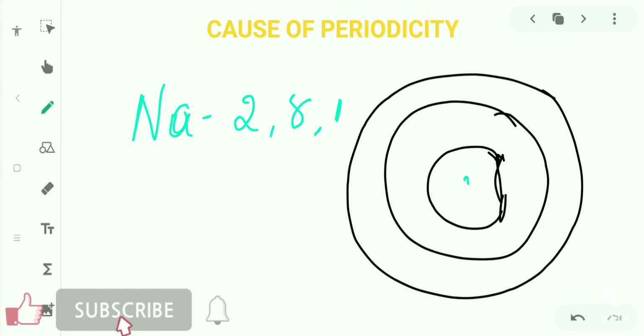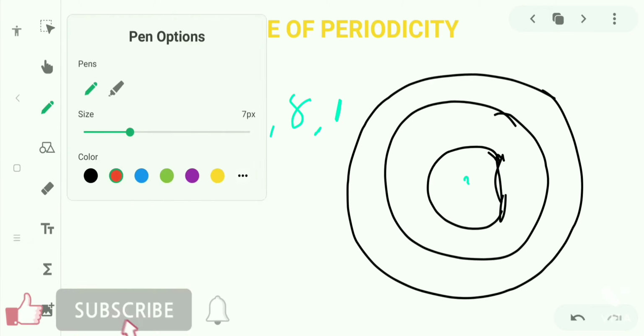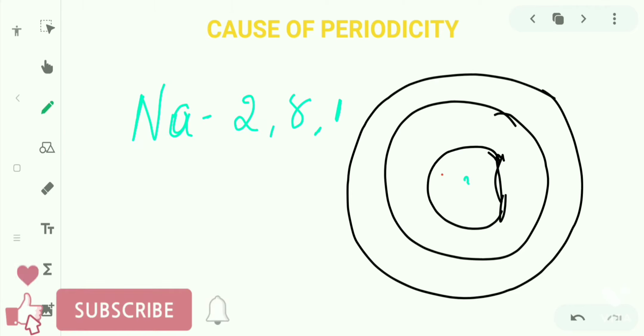Sodium: in the first orbit it has 2 electrons. In the second orbit it has 8 electrons.